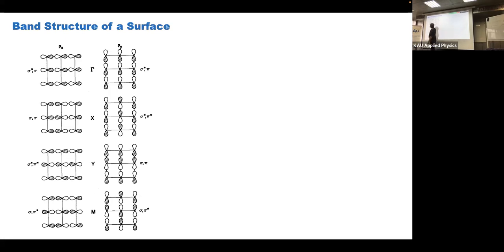It will be here, in this part, because here these orbitals are very close to each other. So you have hard bonding here, and p bonding. P bonding is not so strong, and we have p bonding here in this direction.